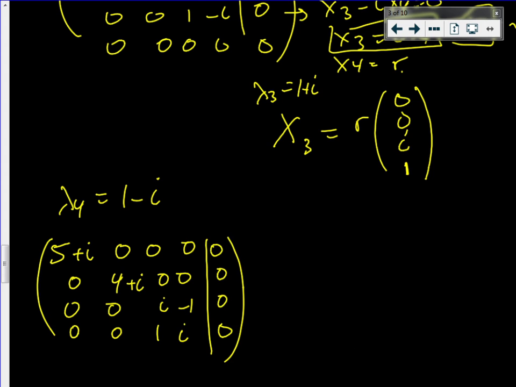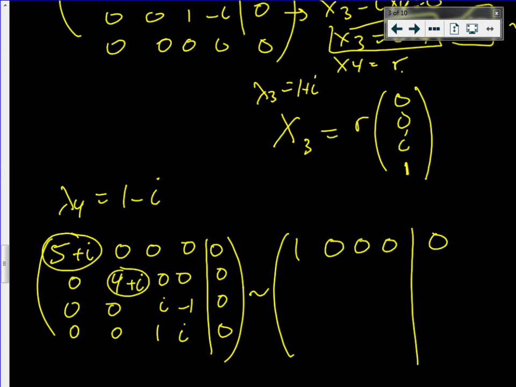Okay. So if I divide the first row by this and the second row by that, I get 1 and then all zeros, and 0, and then 1, and all zeros, and 0, 0, i, minus 1, 0, and 0, 0, 1, i, 0. Okay.